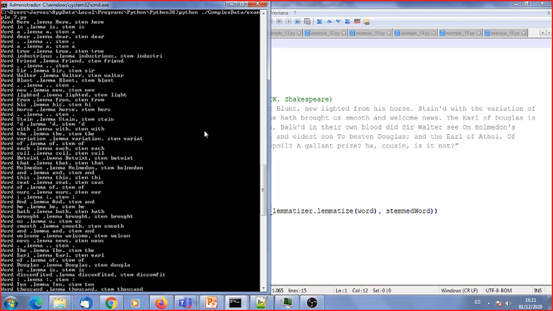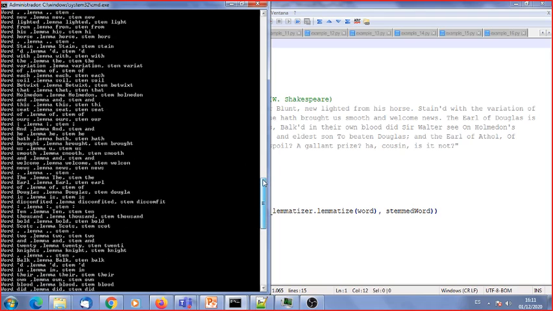Okay, there are some others: "variation" has the stem "variat", and the lemma is "variation". So you can see that at first sight you cannot distinguish between the lemma and the stem, but if you take a deeper look, you can see there are differences.